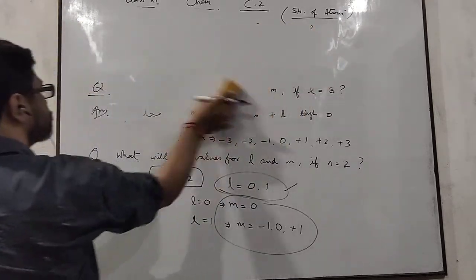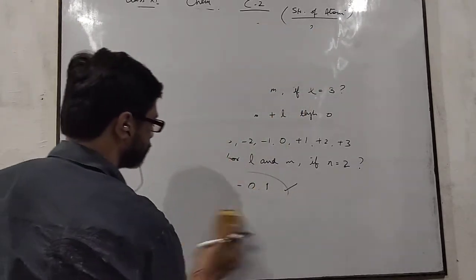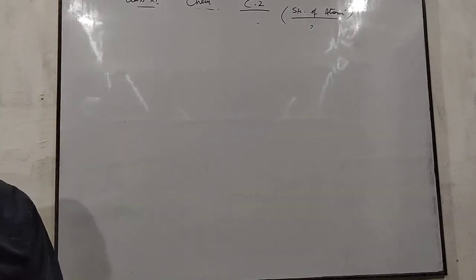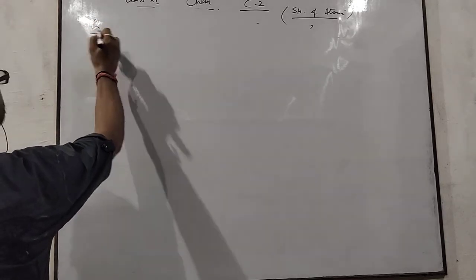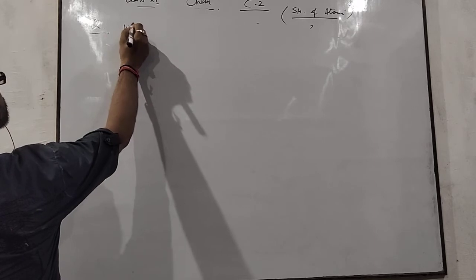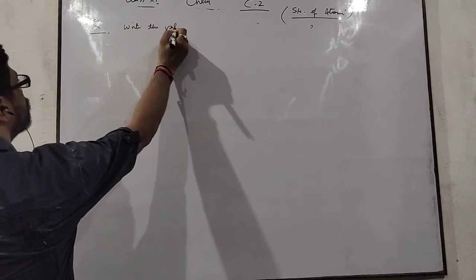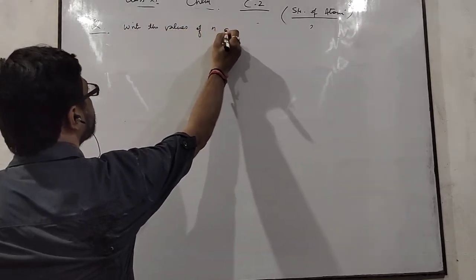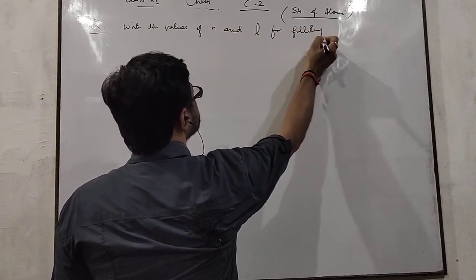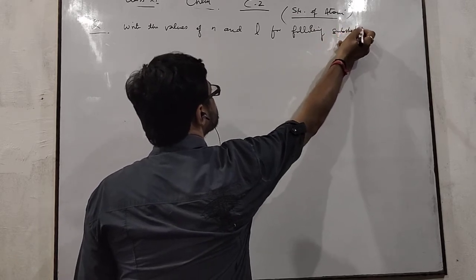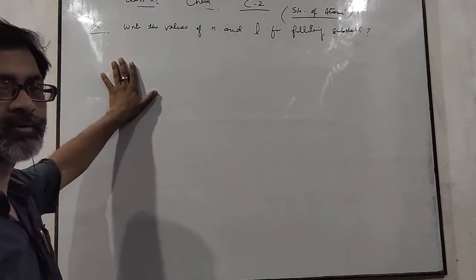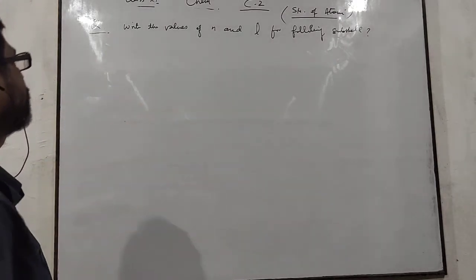Now, I am going to continue with some other types of questions. Next question is, write the values of n and l for the following subshells. Means, subshells are given and you should write the values for n and l.